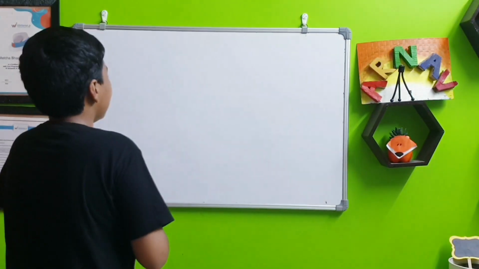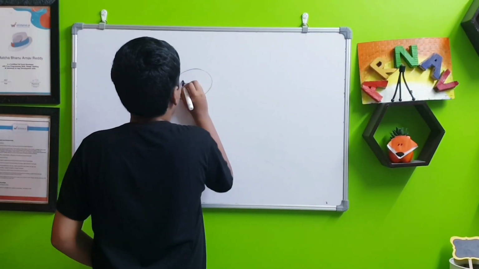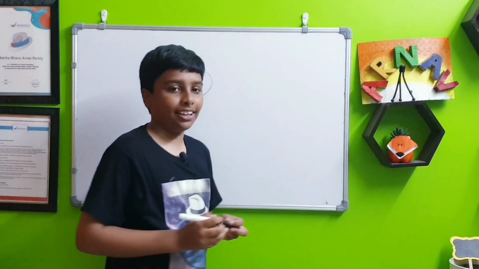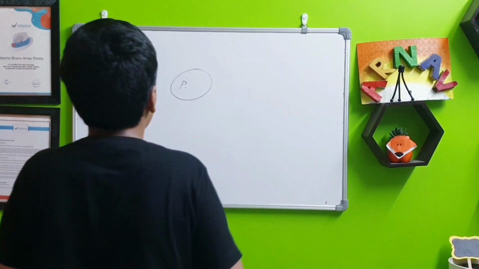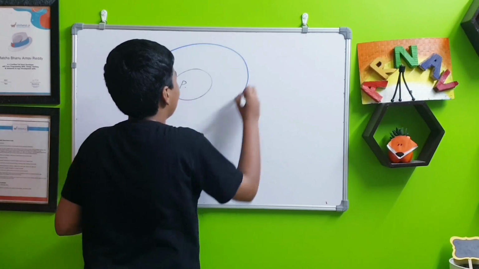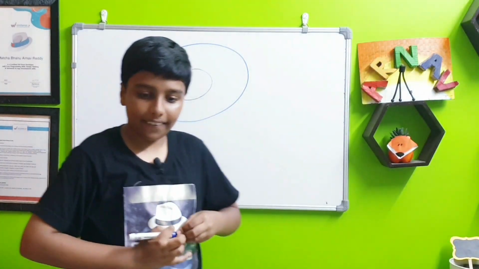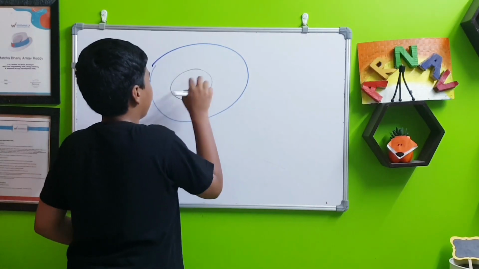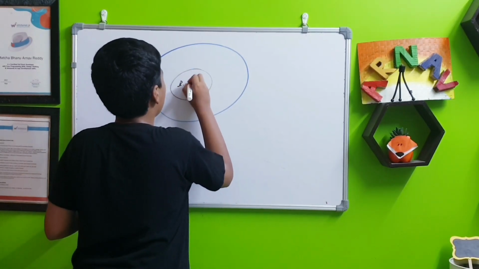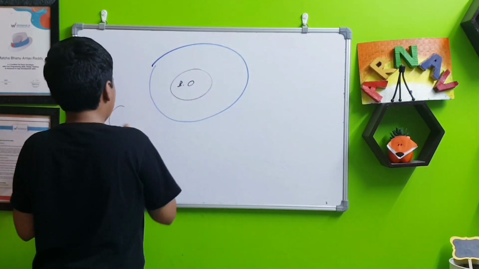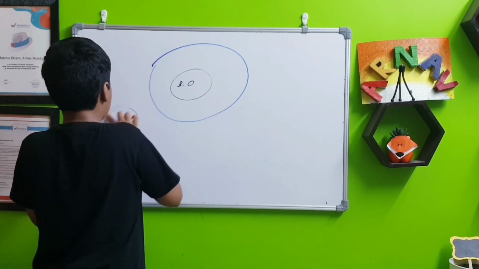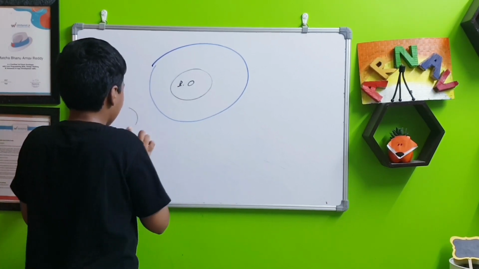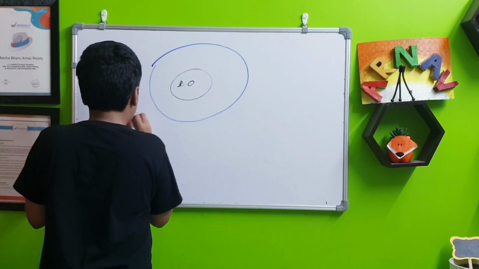So first let's start with a planet. P for planet. Outside the planet there's a big zone. I will not put it as planet but big object, and then this one is a small object.